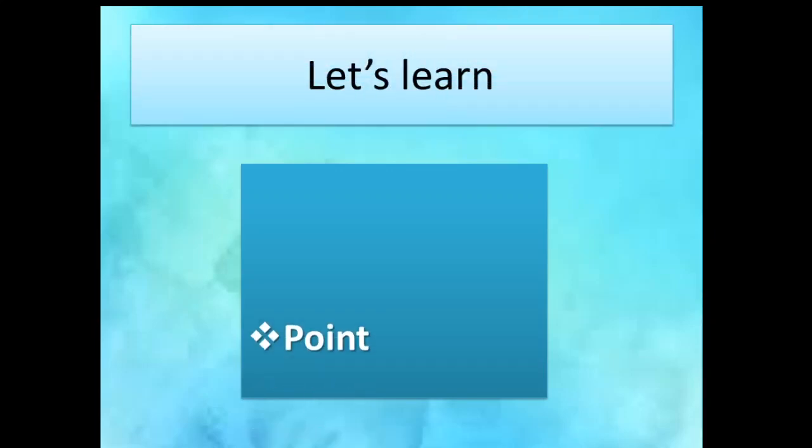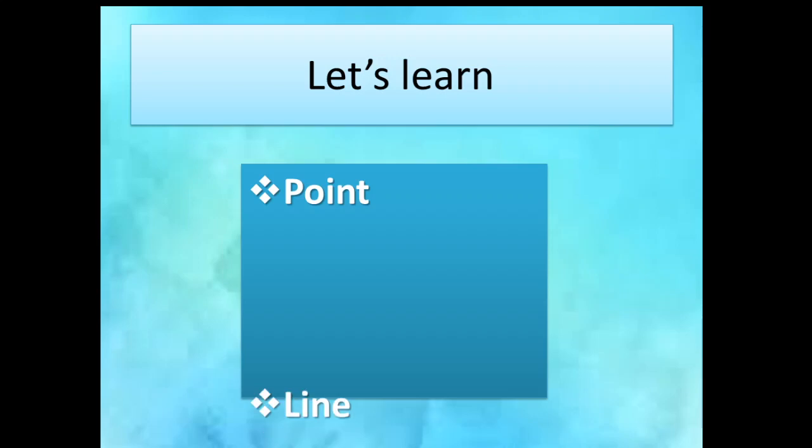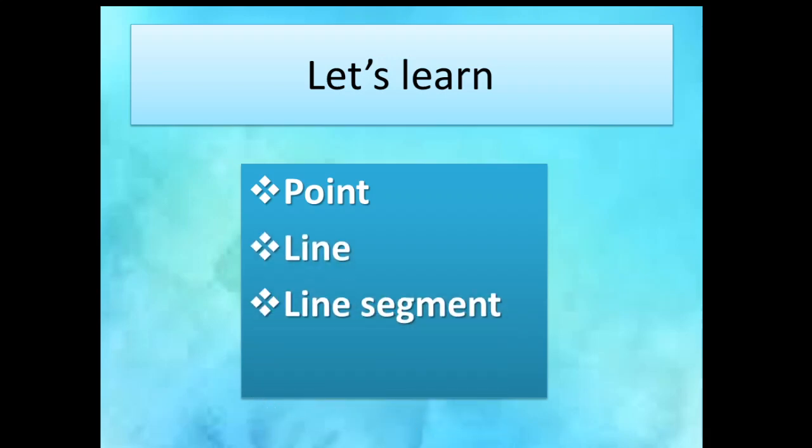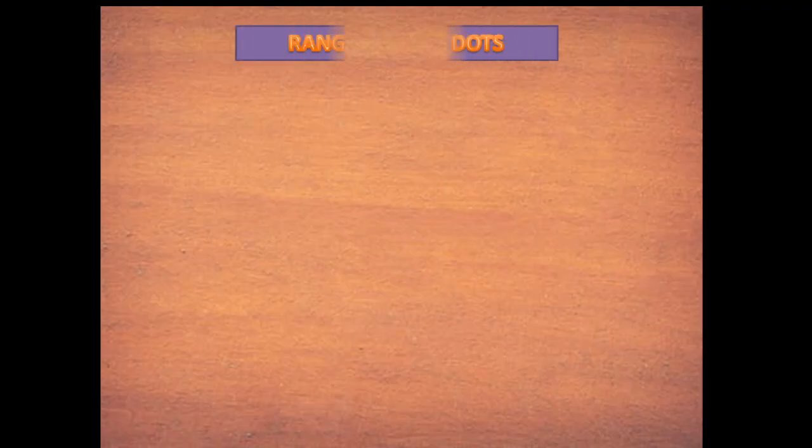Now, what are we going to learn? The first things are point, line, line segment, and ray in this video. Children, you all have seen rangolis during the festive period outside your house. Rangolis are made in different shapes. Some rangolis are made using dots.